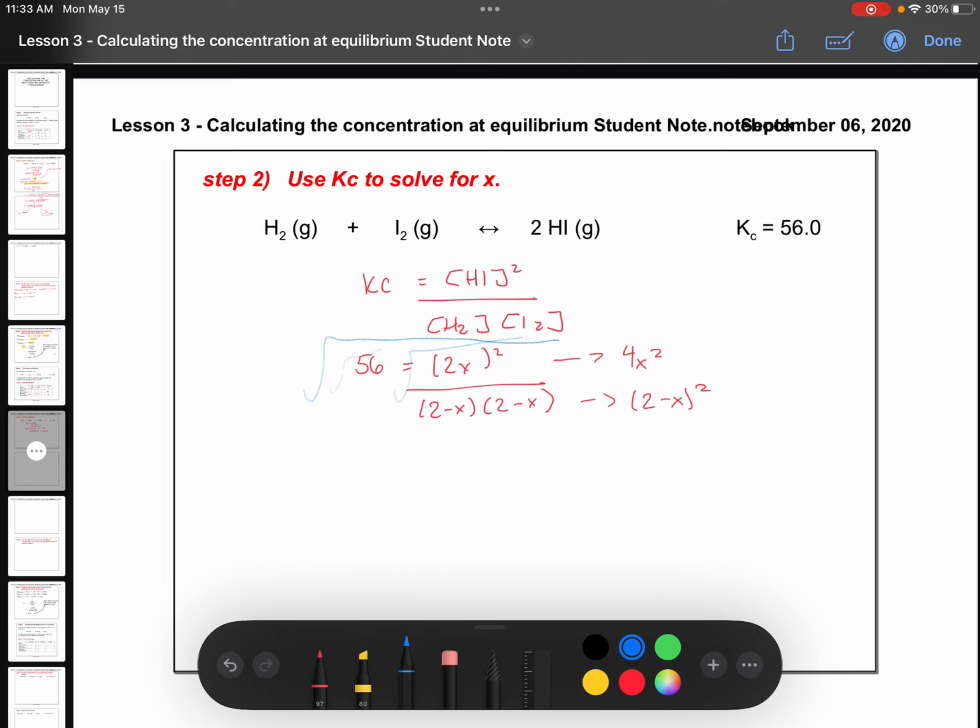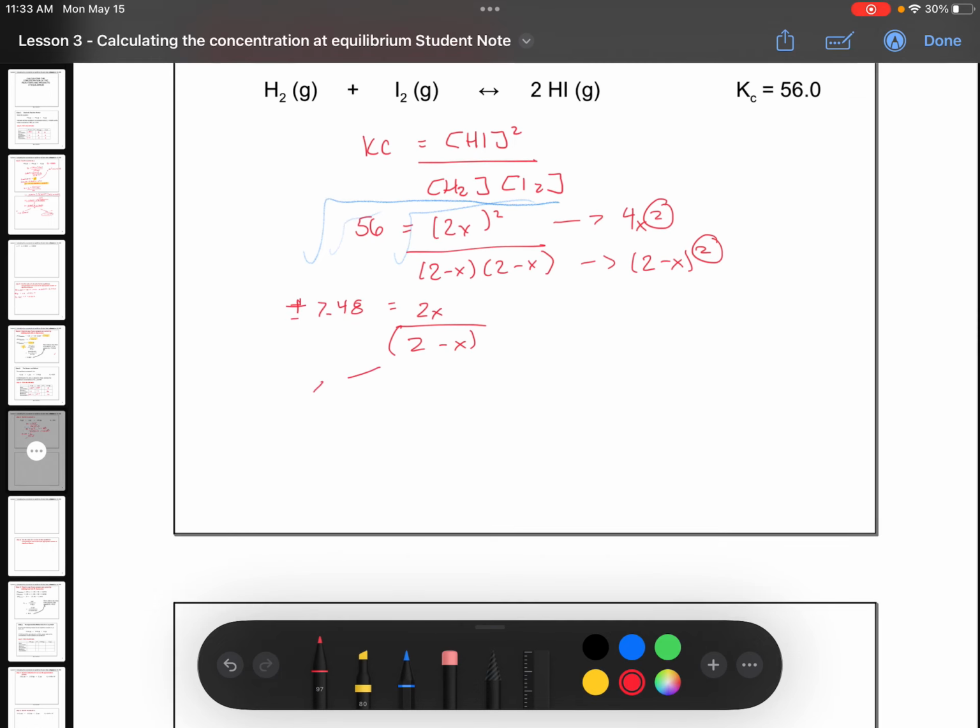And then from there, if we were to take the square root of everything, so square root of 56 and square root of our fraction here, we would get plus or minus 7.48, which is the square root of 56. And then 4x squared would be 2x, because we're trying to get rid of these squares, over 2 minus x. So we removed the squared by square rooting it, and we were left with the following.